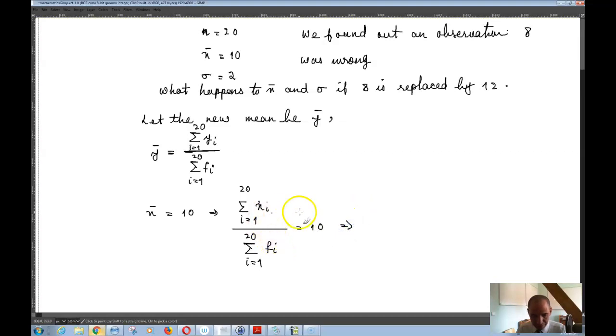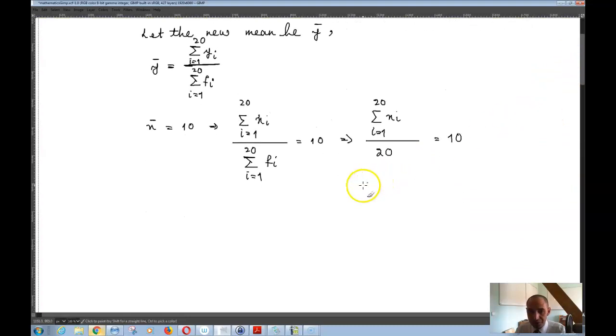Now that means that sigma of x of i as i goes from 1 to 20, over sigma of f of i, which here was equal to 20, so I can write 20 here, is equal to 10. And so that means sigma of x of i as i goes from 1 to 20 is equal to 10 times 20, which is 200.